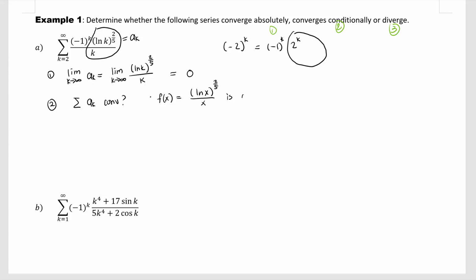This is continuous, positive, and decreasing. Then we compute the integral from 2 to infinity, because k starts with 2, of ln of x to the 2/5 over x dx. We can use u substitution and let u be ln of x.